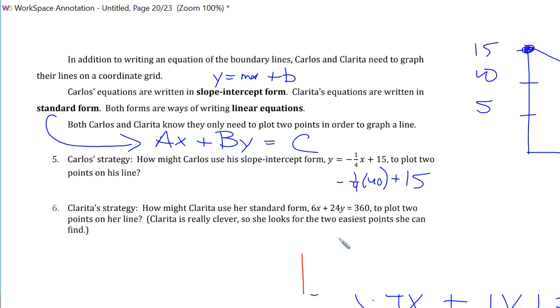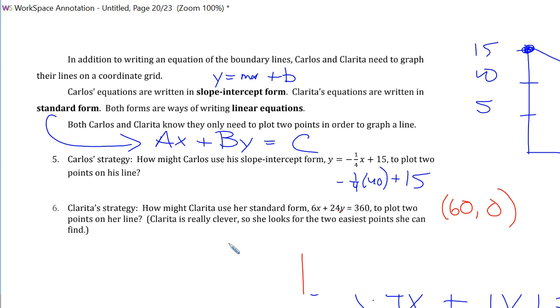So 6 times what is 360? Just do 360 divided by 6. So you know that 60, 0 is on there. Because 360 plus 0 is 360.